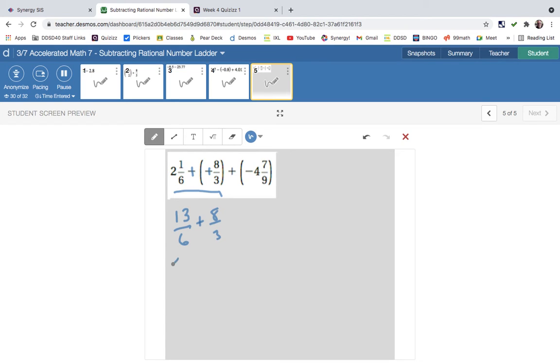I'm going to take 8/3 and multiply the denominator and the numerator by 2. So that's 16/6. So 13 plus 16/6 equals 29/6. Okay, so we're going to rewrite this part as 29/6. I'm not going to change it to a mixed number. I'm going to keep it as 29/6.